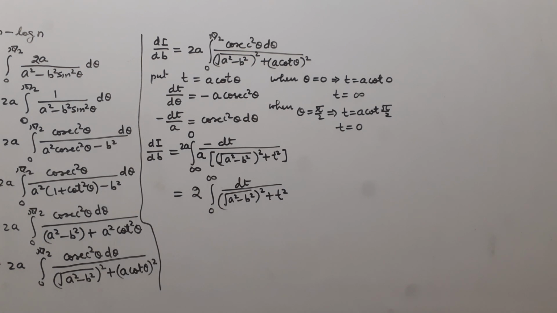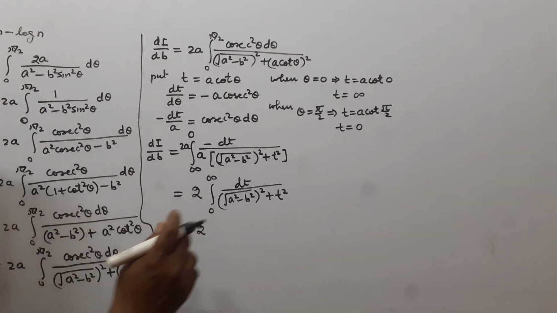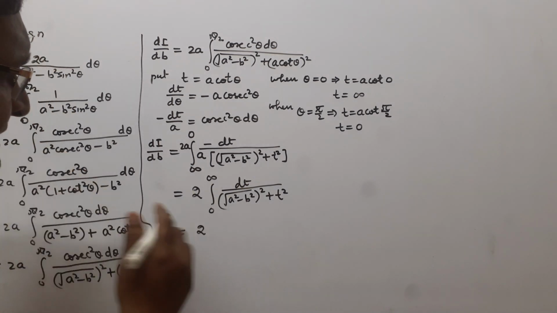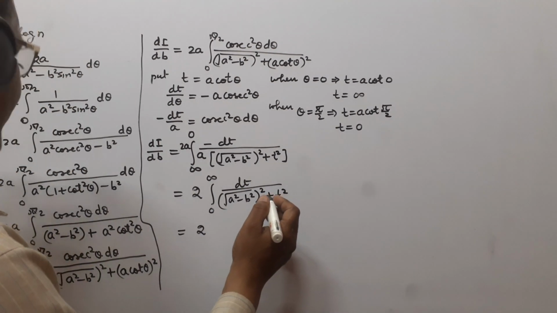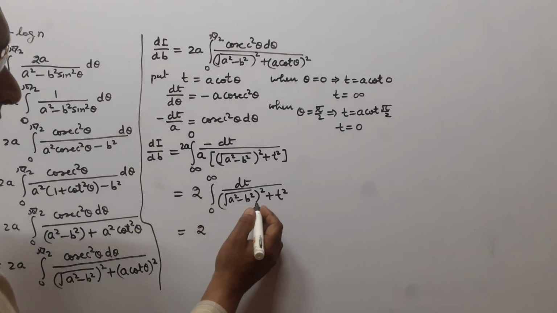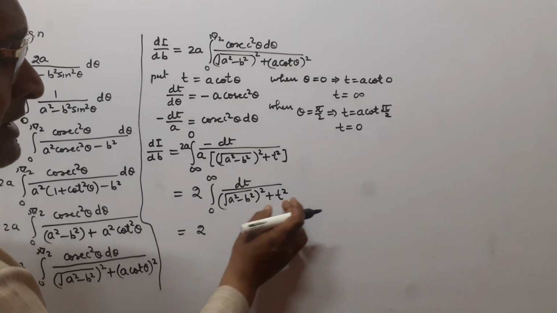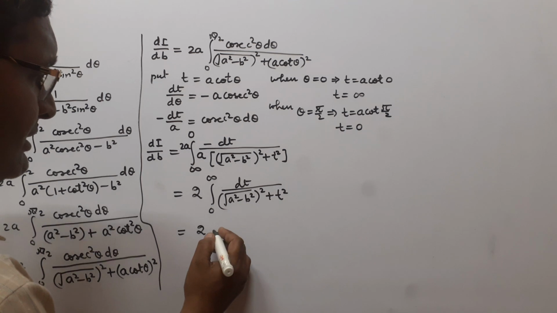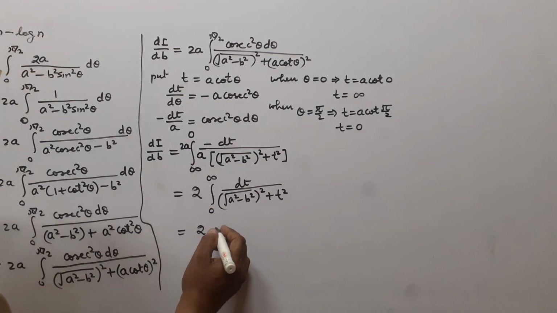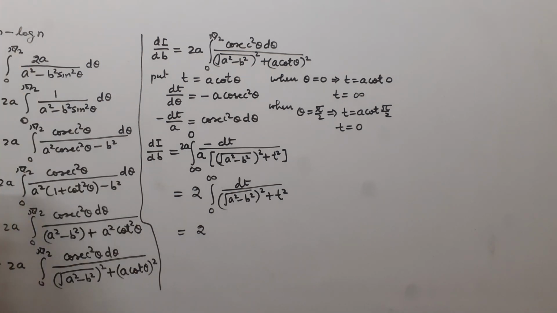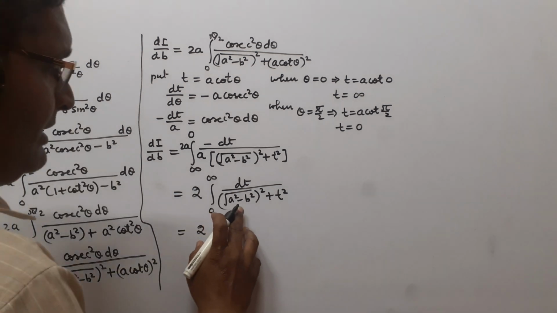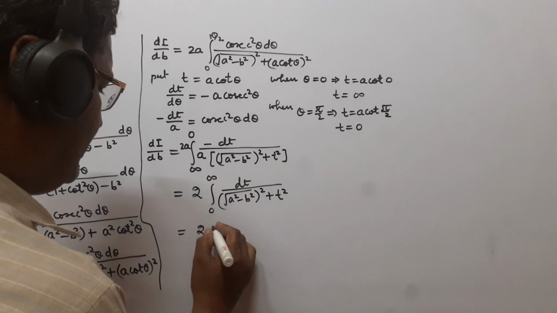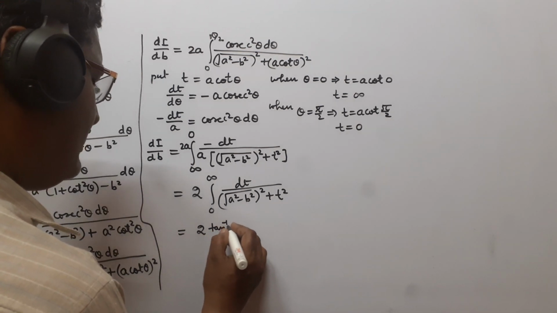Now we know that the integration of 1 upon a square plus x square is equal to 1 upon a tan inverse x upon a.